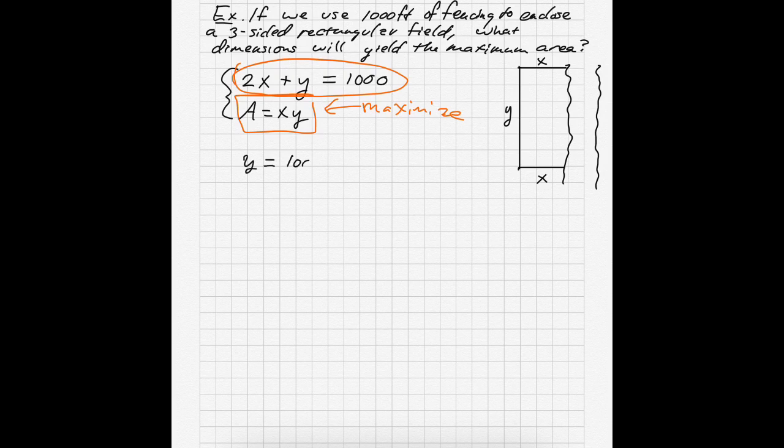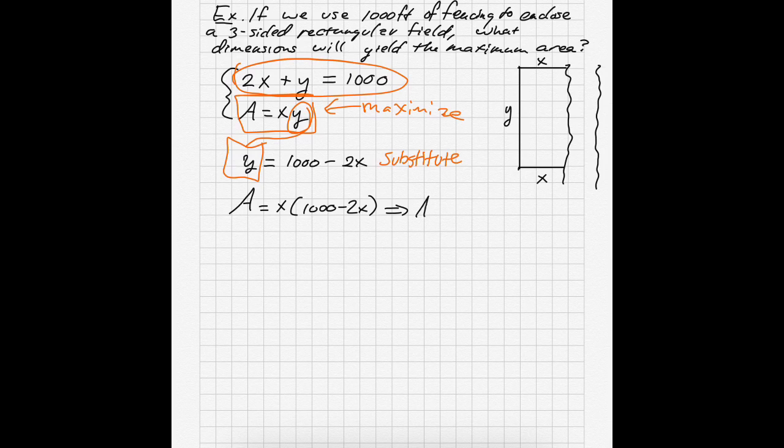So y is 1,000 minus 2x. And then I'm going to substitute that y value into my area equation. So A equals x times, and then I'm replacing my y with the 1,000 minus 2x.